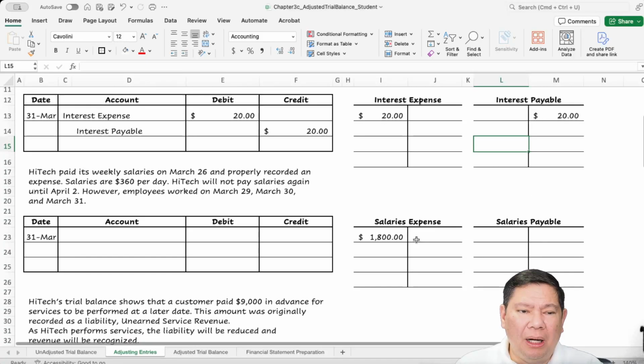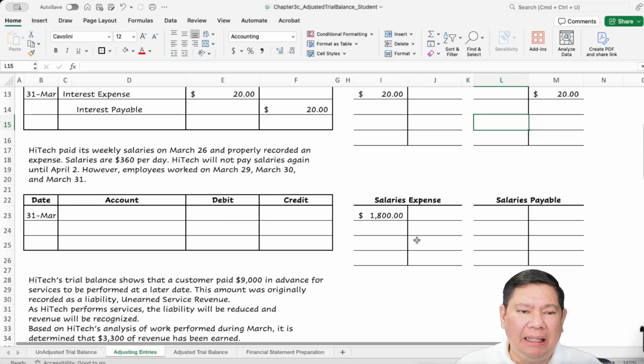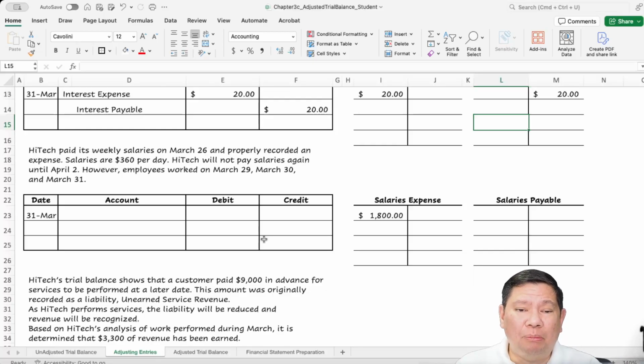Okay, the third one, Hi-Tech paid its weekly salaries on March 26. So that's in the past, and properly recorded an expense. Salaries are $360 per day. Hi-Tech will not pay salaries again until April 2nd.